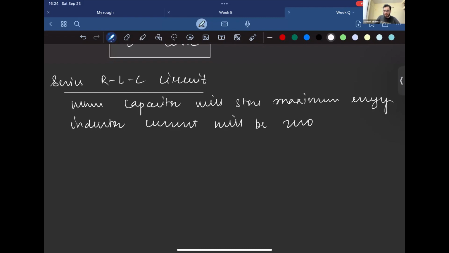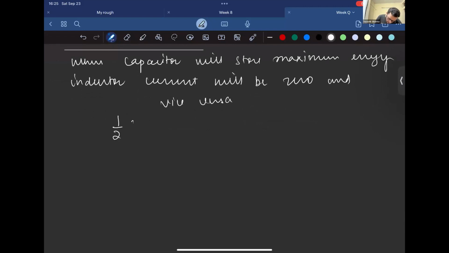And the same goes for the inductor. When the inductor stores the maximum amount of energy, it's when I is maximum, which is at the starting of the circuit. So at that time, voltage of the capacitor is zero, and vice versa. That means both of them will store the same amount of energy, right? Because there's no other energy storing element present. There's a resistor, but it dissipates energy, which is independent of inductor and capacitor.